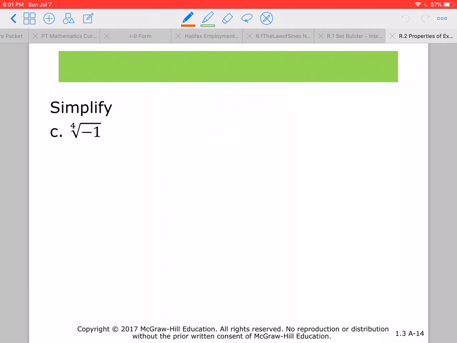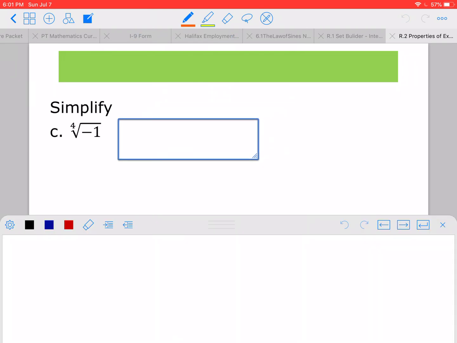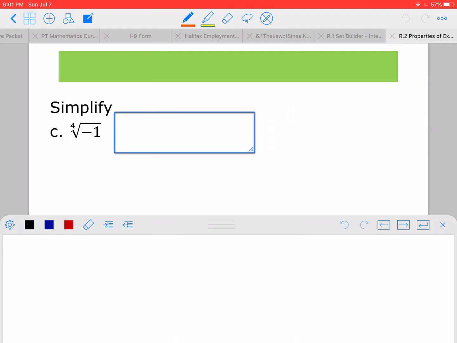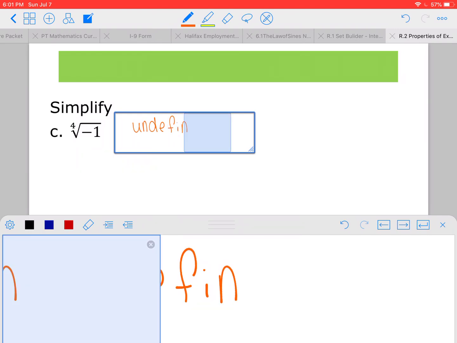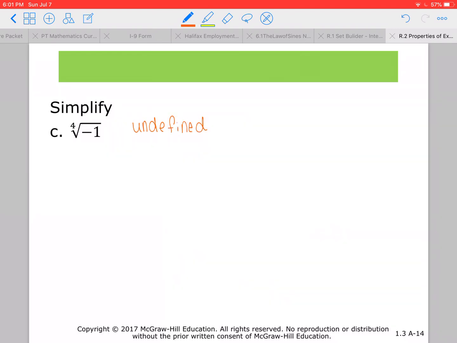We could have 4 negative 1s, but that would give us a positive 1, so yeah. Basically, as far as we're concerned right now, this is undefined. We'll look at imaginaries later and be able to go further with that.